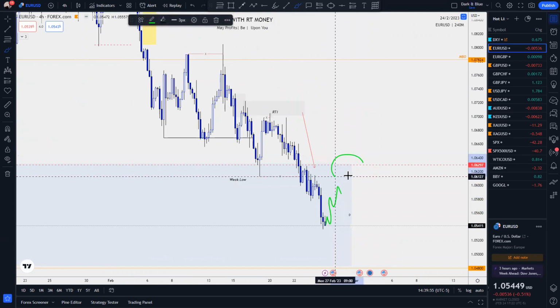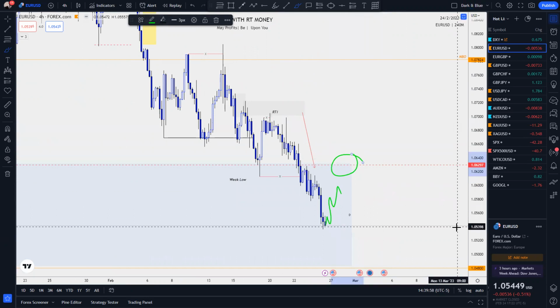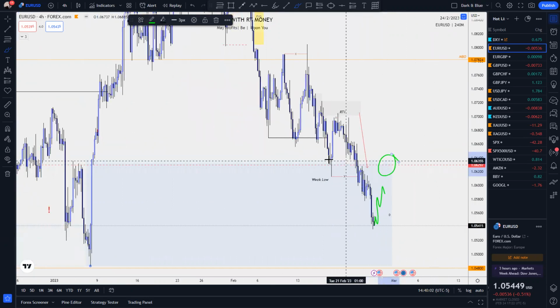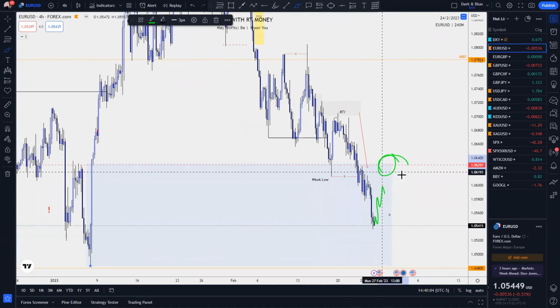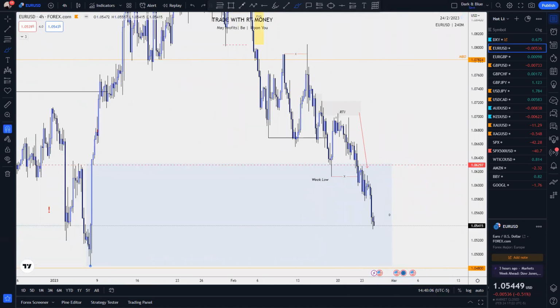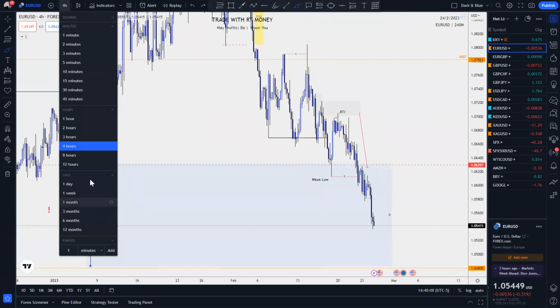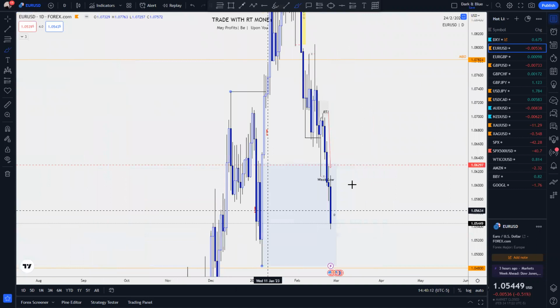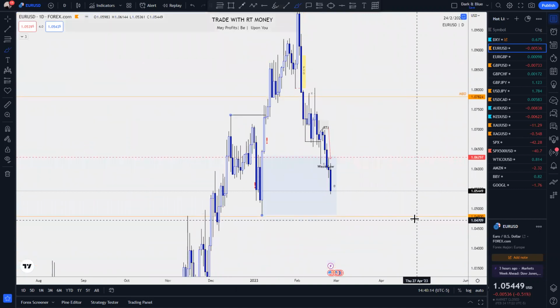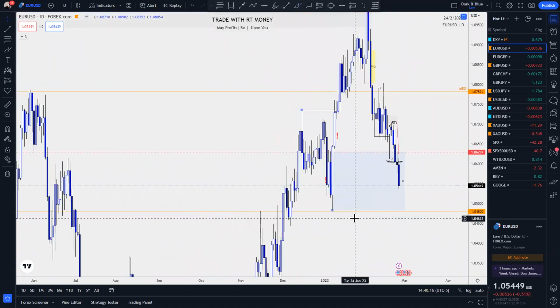Now I believe this level here at 1.06297, right around here, will be the level to watch. Why am I picking that level? Let's look at the daily, and I will show you really quick. That zone has had some frequent flying miles.